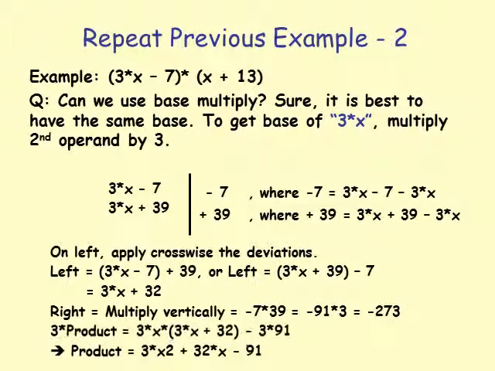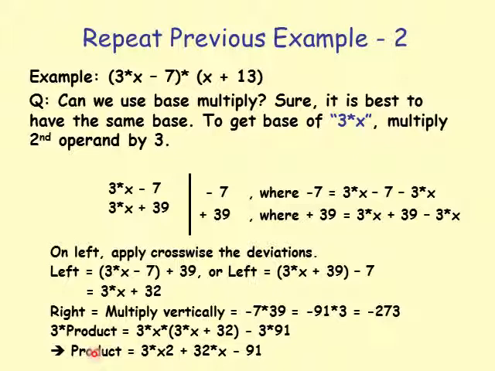Let's continue here. And 3 times the product, since we have multiplied the multiplier by 3, is the base 3x times left part 3x plus 32 minus from right side, 3 times 91. We have to divide by 3.